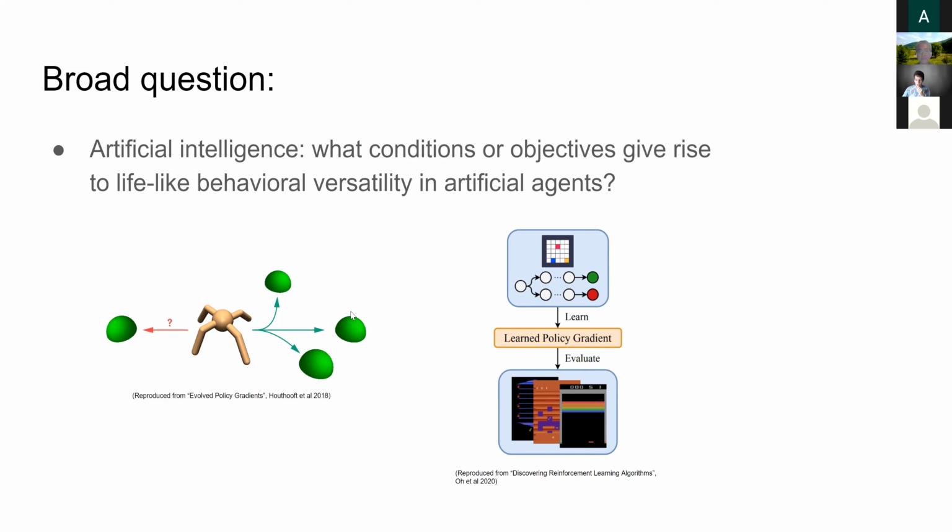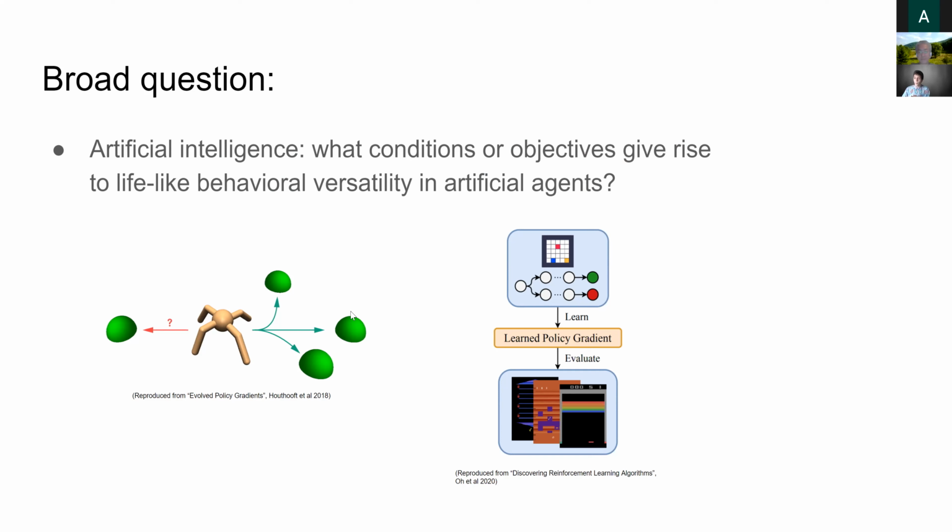We've also found in Oh et al.'s paper, Discovering Reinforcement Learning Algorithms, that if you develop a learning strategy on grid world and Markov decision discrete state and action tasks, that strategy can generalize quite impressively to Atari games.